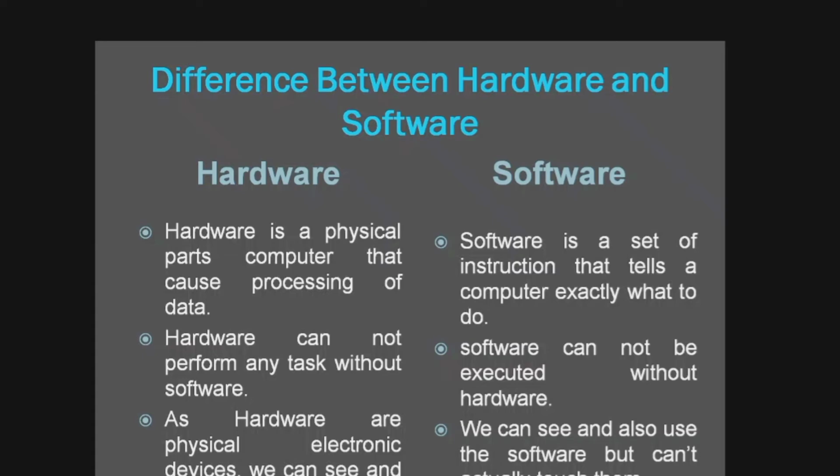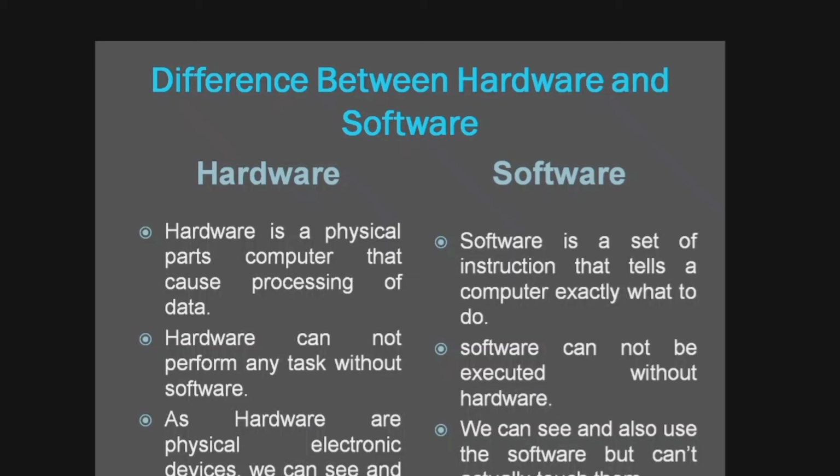Hardware cannot perform any task without the software. Without software, hardware is just like garbage. Likewise, software cannot be executed without hardware. Vice versa, we need both hardware and software. Without the hardware, the software is nothing, and without the software, we cannot execute our code.